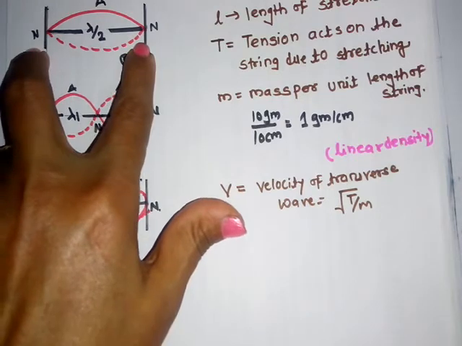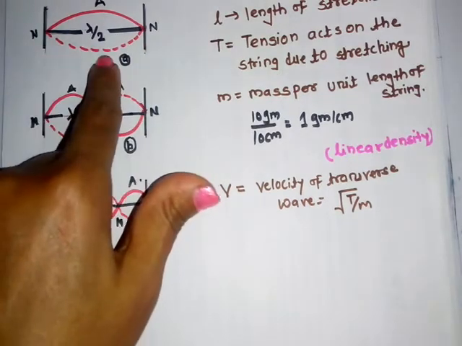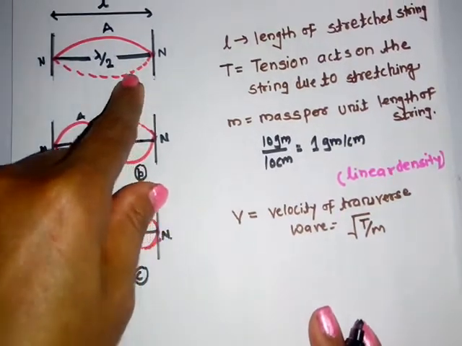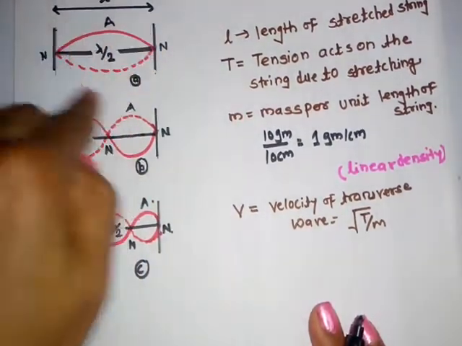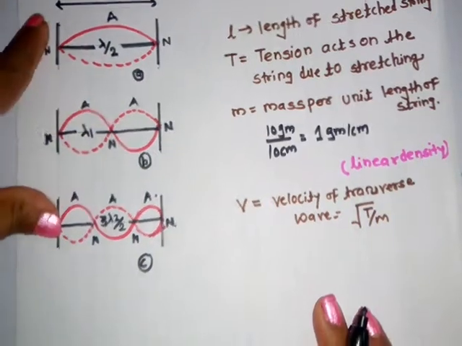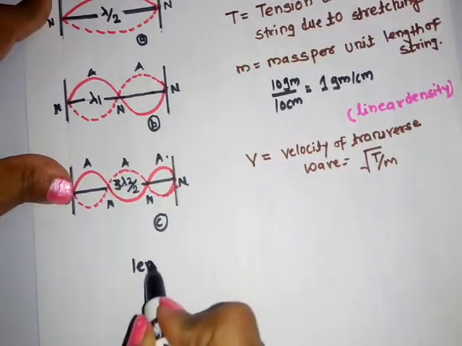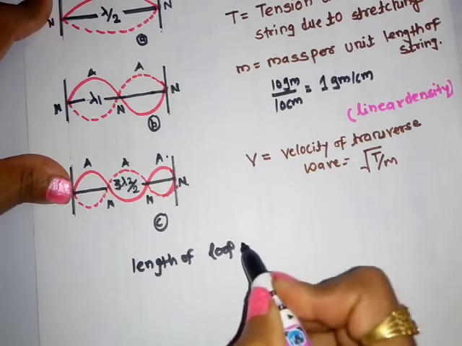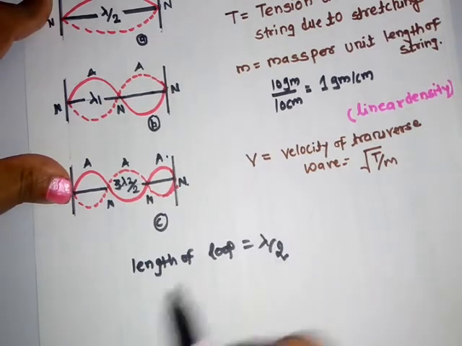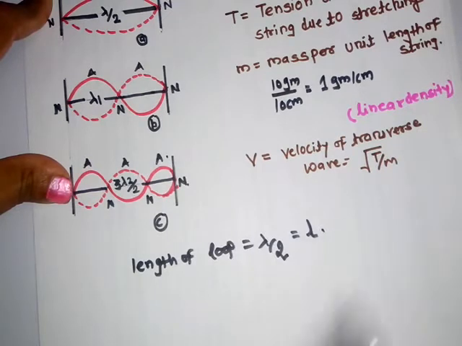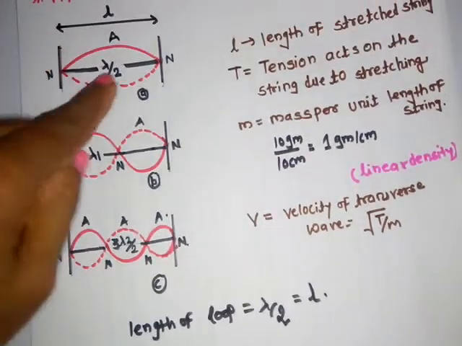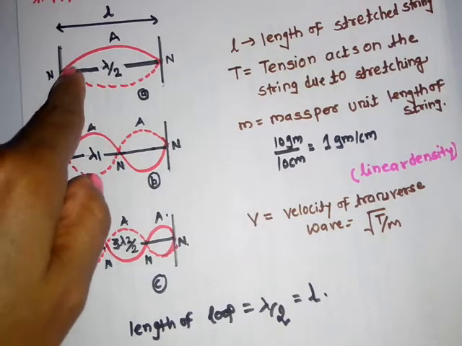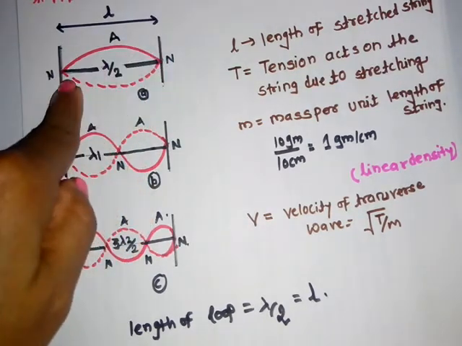And if lambda is the wavelength and L is the length of the string, then the length of this one loop is given by lambda by 2, and that length is nothing but L. Now here lambda by 2 is the wavelength of that half wave.